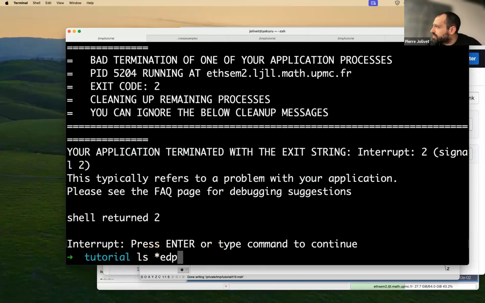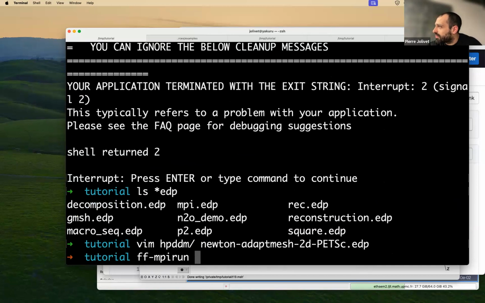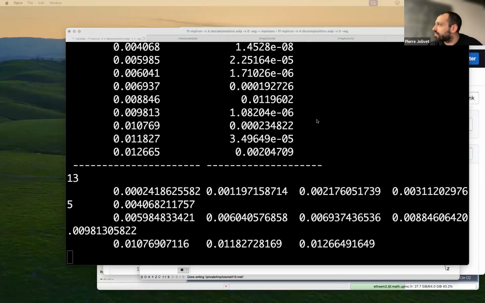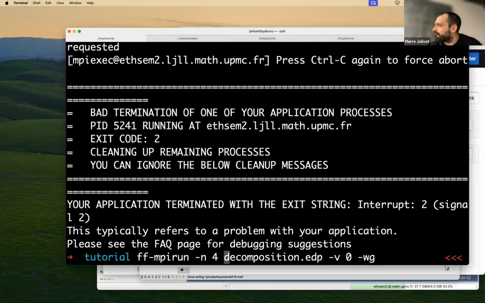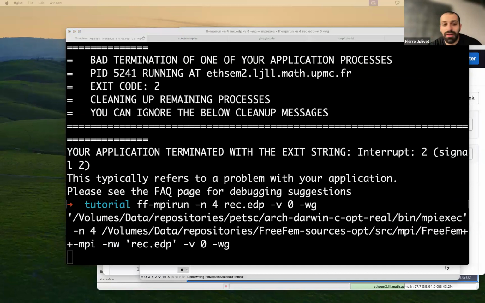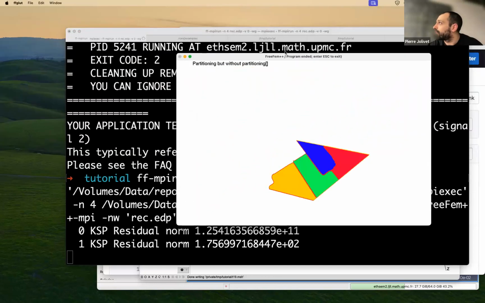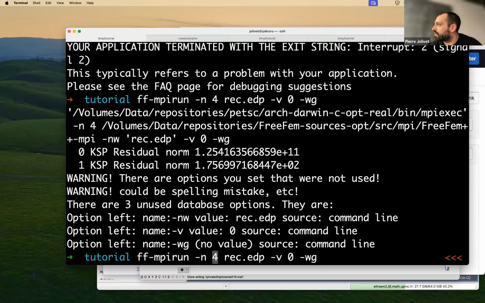Yeah, definitely, I can share all the EDPs. I will just make sure that they are all running before. Okay, this one is running. This one may not be running. Oh, it is. Good. No, I think it was with 8 processes.